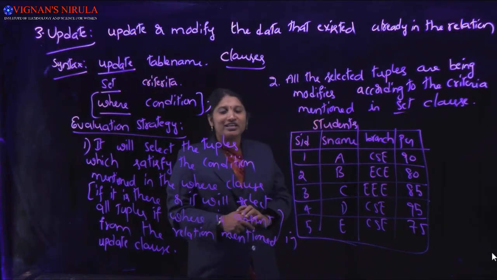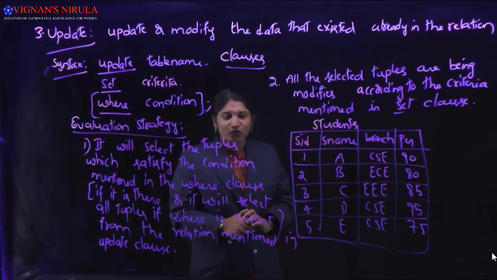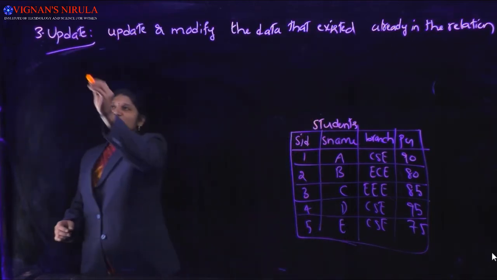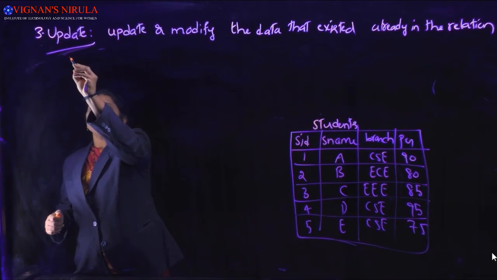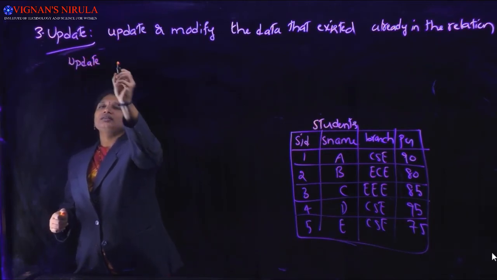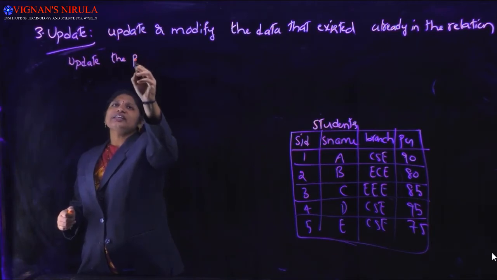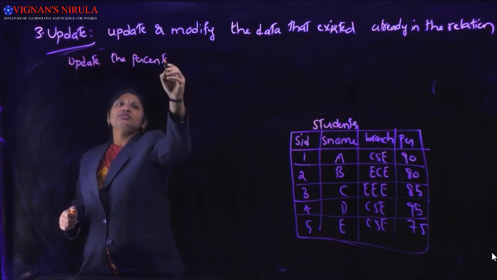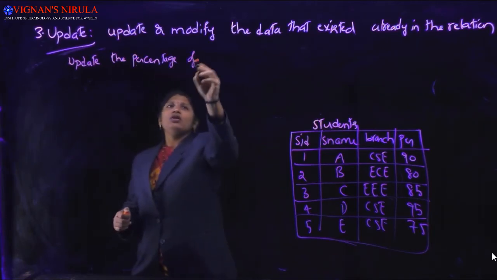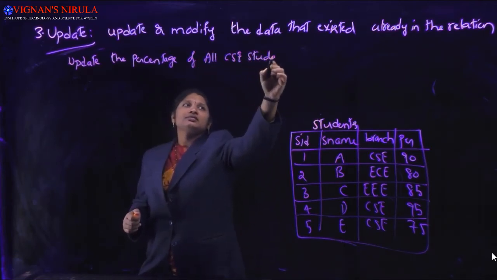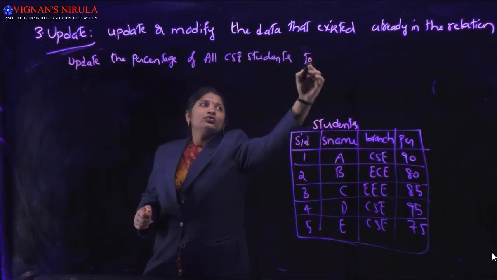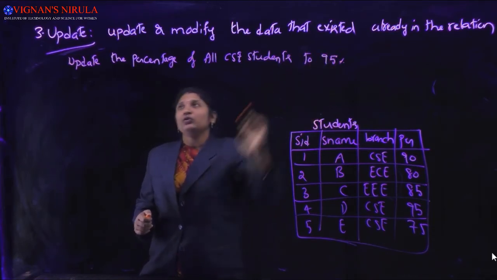Now we'll see how that update command is written. What does the user wish? You want to update the percentage of all CSE students to 95.